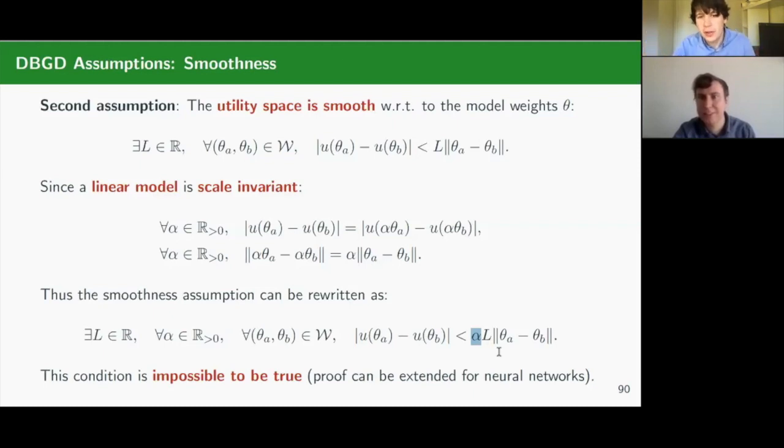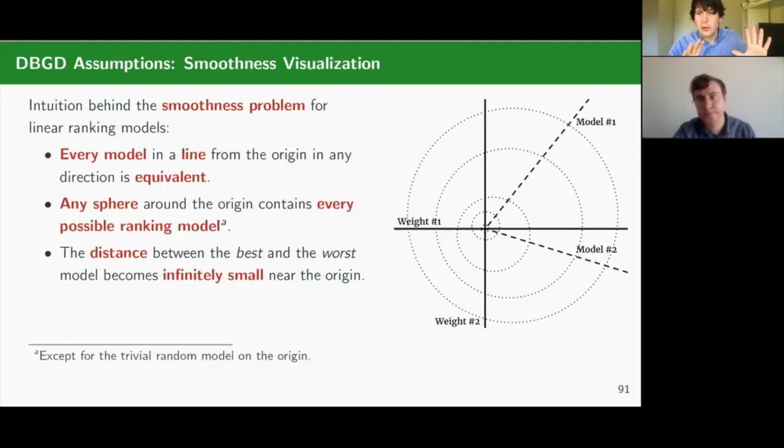For whatever L you choose, you can pick an alpha for which it is no longer true. So we can prove that this condition is never true, this assumption, for a linear ranking model quite easily. You can do the same for a neural ranking model. So we will never have a smooth space for either of those models.